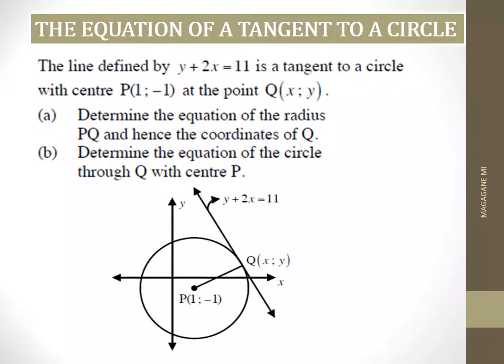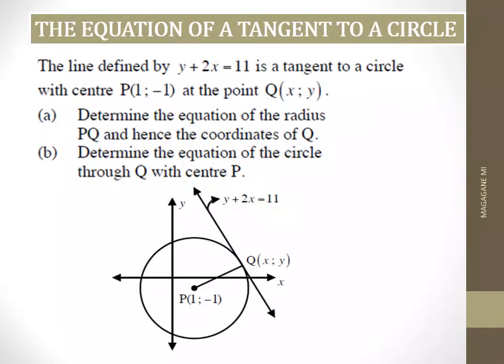And we are also told that P is the center of the circle. If you look at the diagram, we have P as the center of the circle, (1, -1). And we are also given point Q, which is the point of contact between the tangent and the circle, and also the point on the radius. So Q represents the point on the circle where the line is tangent to the circle, and also the point on the radius.